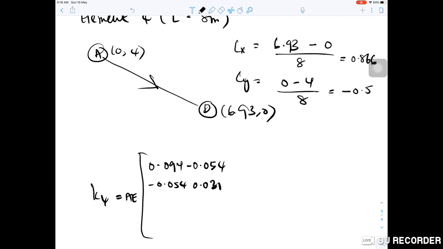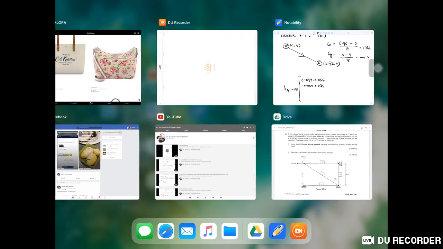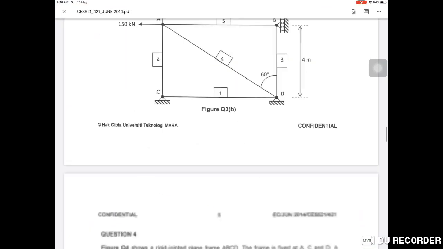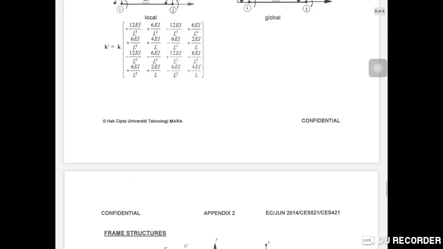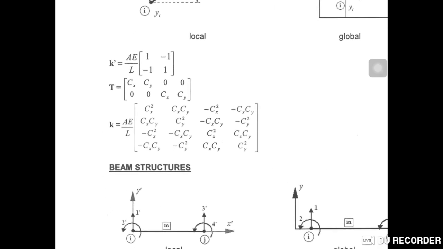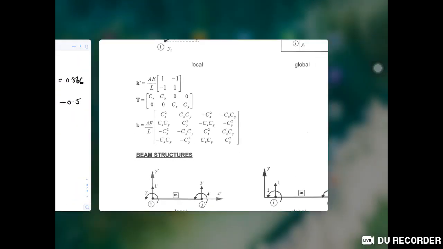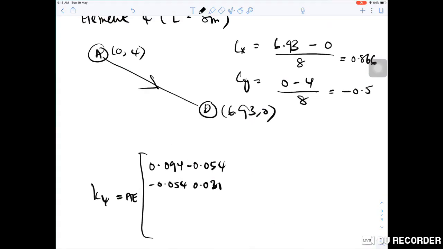Okay, let me check the formula here. This is the formula: cx square, cx cy, negative cx square, negative cx cy. Okay, we go back to this one.